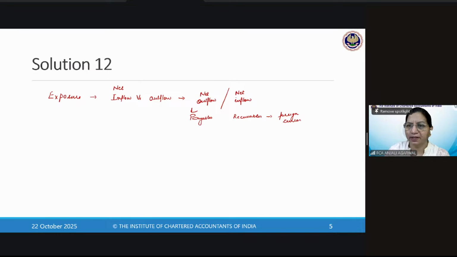So the important thing here is that if after netting we have the exposure as payables, that means we have to pay dollars, let's say, if the first currency is US dollar.